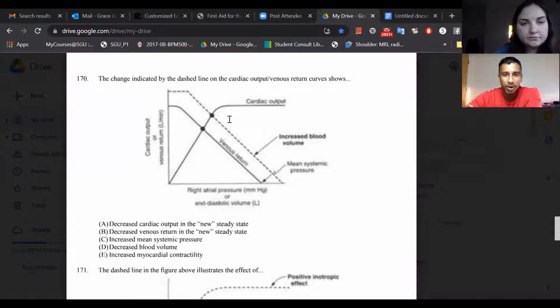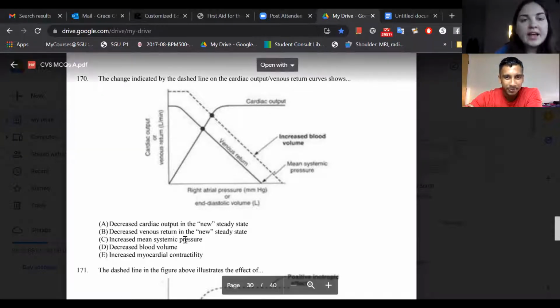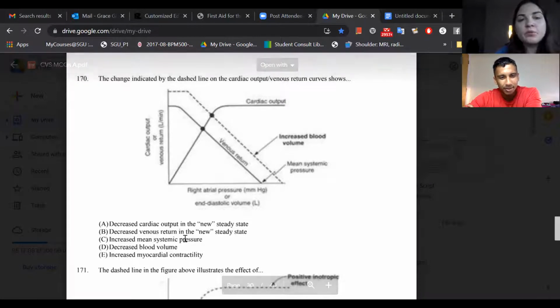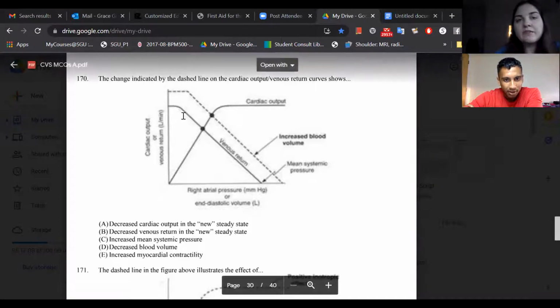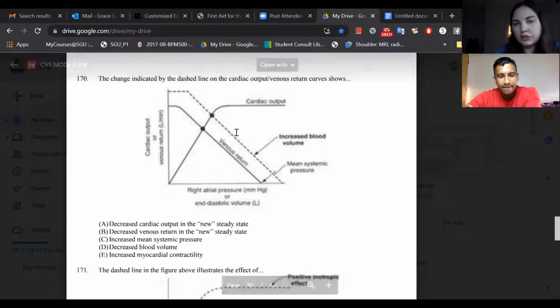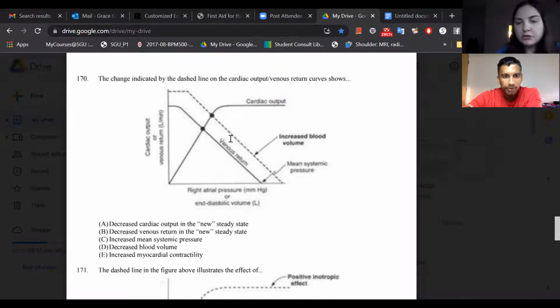So C would be the right one then, right? So I want to choose something with veins or with volume. Those still might be the answers because I'd have to think through them. But if I'm seeing a graph that's saying my venous return is increasing, the first thing I want to go through is the answers that have something to do with venous or volume.